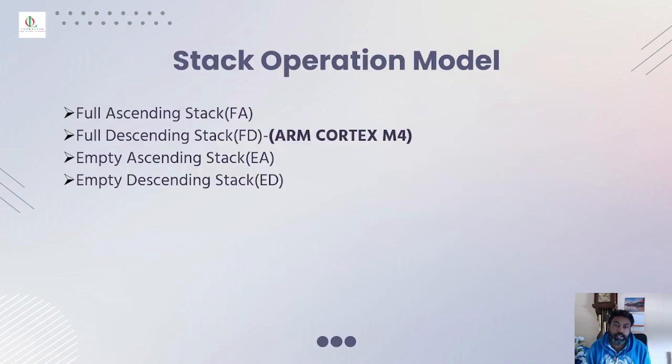Now let's see what are all the different operation models. There are basically 4 stack operation models out there. They are full ascending stack, denoted as FA, full descending stack, denoted as FD, and ARM Cortex M4 follows the full descending stack. And there is empty ascending stack denoted as EA, and the last one, empty descending stack, which is denoted as ED.